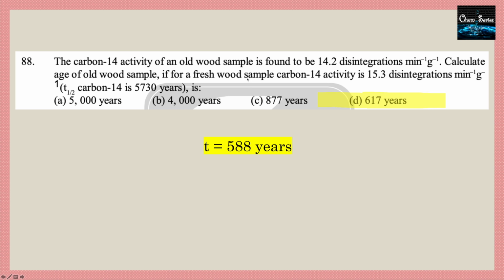Here they have given an old wood sample, which will obviously be A, and a fresh wood sample, which means A naught. You have obtained a formula, but extra information is also given, like T half of carbon 14. Then what do you have to do? Just think why it is being given, and what you can extract from it. Read the question 2 or 3 times before solving it.